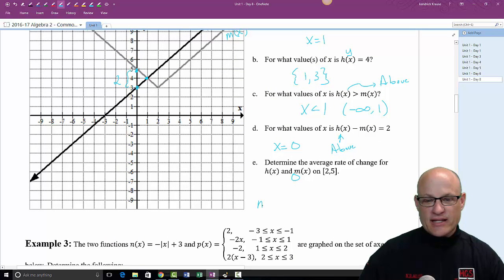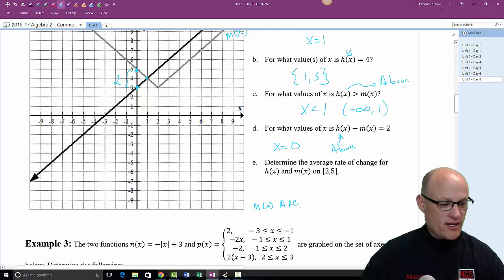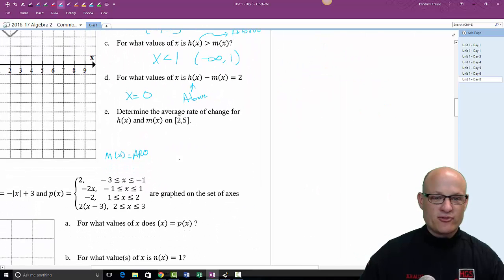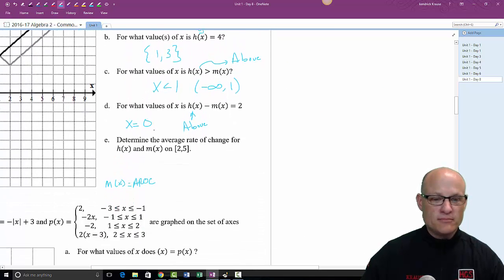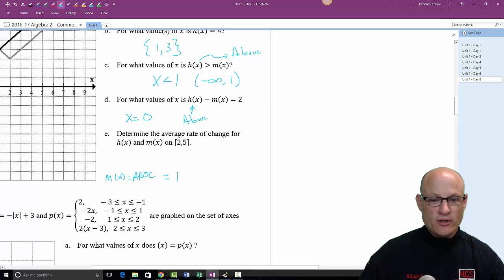And because it's just a line, the average rate of change for m of x, the AROC, average rate of change, I don't know if you can see that, is whatever the slope is. And so for m of x, the slope is 1, so it is equal to just 1. And I'm not going to go through that math because that's pretty easy.